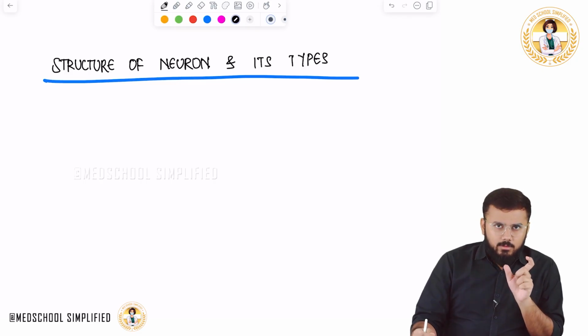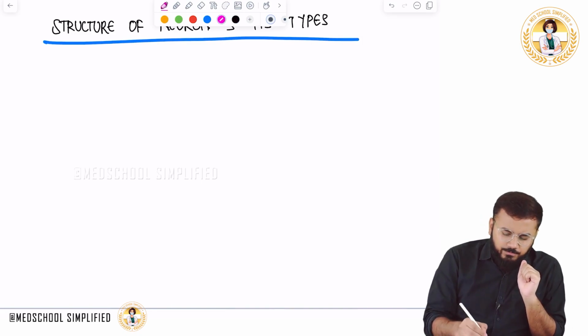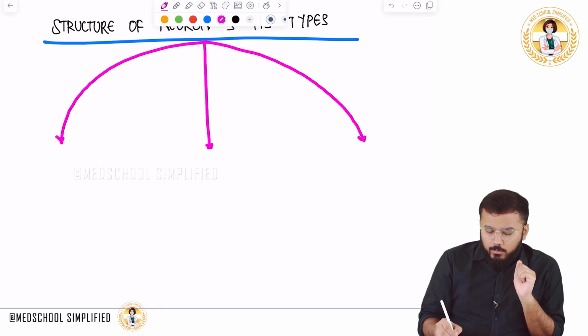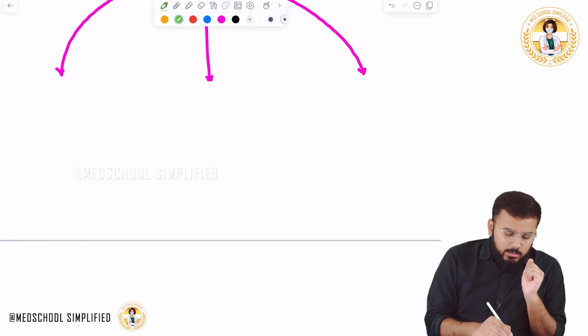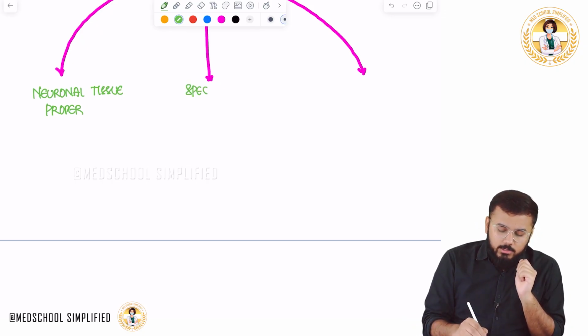Nervous tissue has three important components. What are these three important components? One is called neuronal tissue proper. The second important thing is called specialized connective tissue.